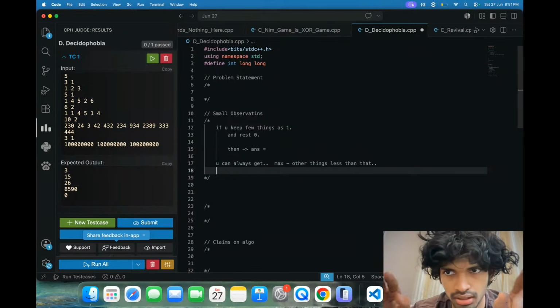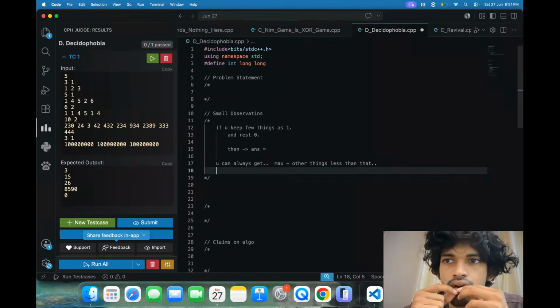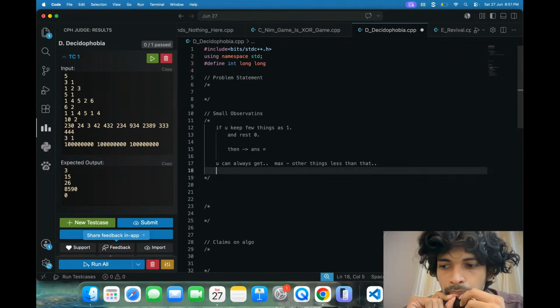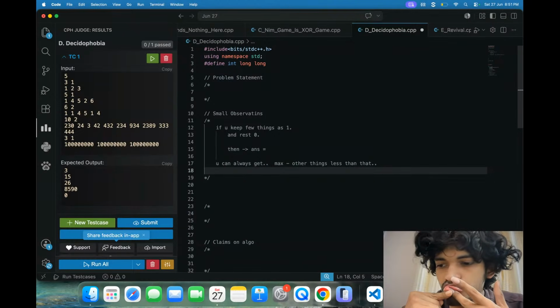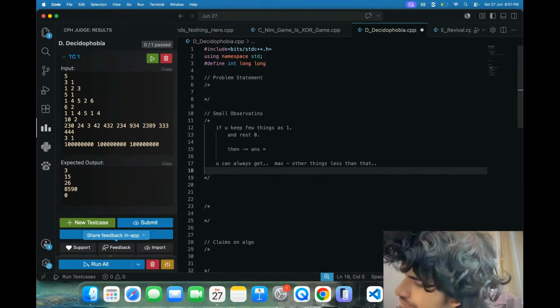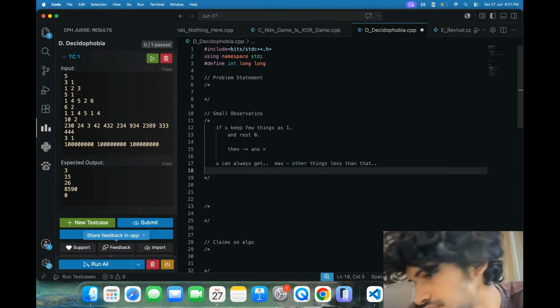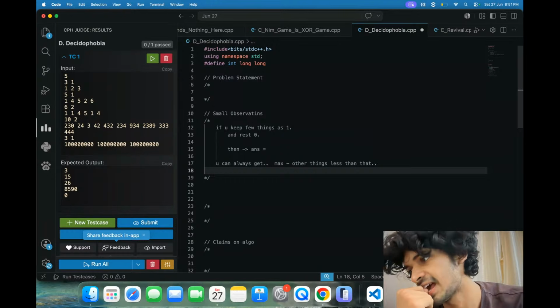And then maybe you can get max minus all of those things. You can have some positive and the neighborhood minimums as zeros.